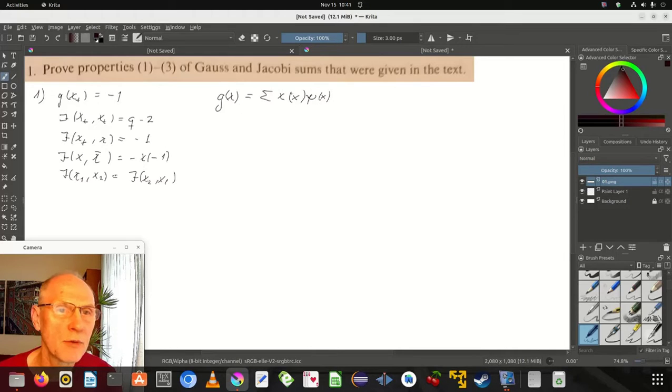And now when it's the trivial one, then it gives 1, the unit element for all x's non-zero, and chi trivial of naught vanishes.